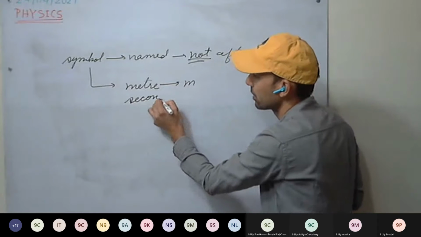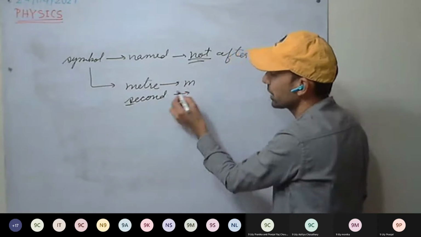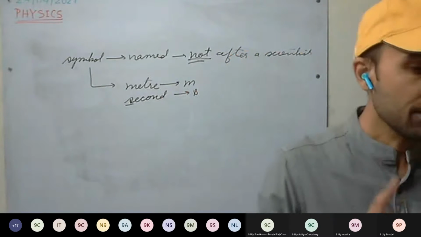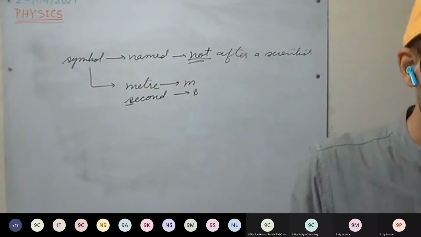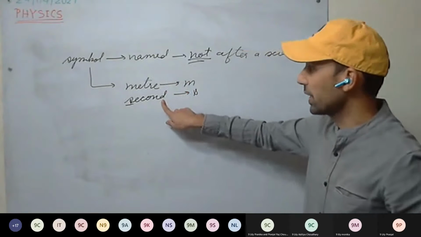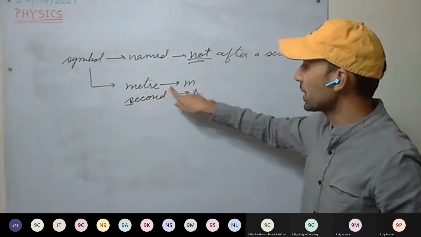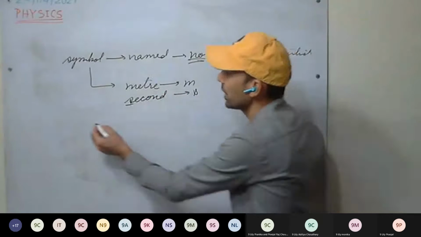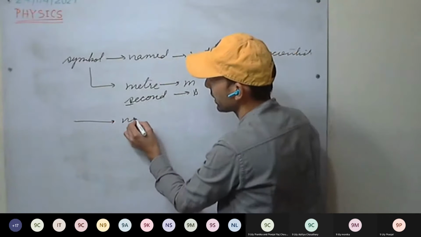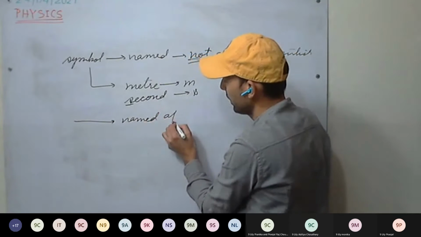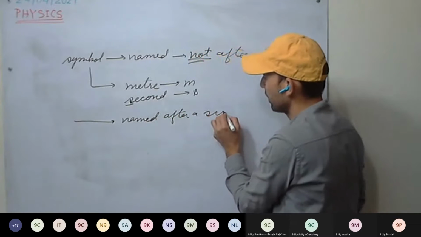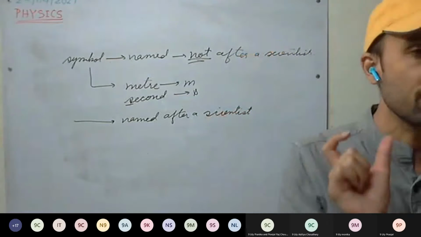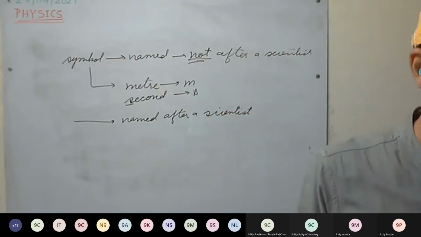Second, small letter, its symbol s, again small letter. So any unit which is not named after a scientist will be written in small letters. Now, if it is named after a scientist, and we are using the full name, then it will be written in small letters.